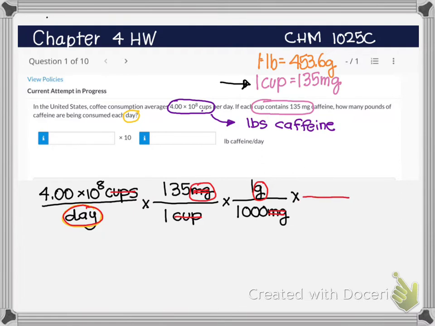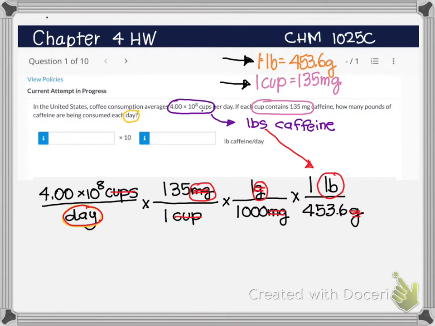I can use the equality that I got from my handout, and I can put 453.6 grams and 1 pound. And so finally, if I look at my units, the grams are going to cancel, and in the numerator I have pounds, which is what we wanted, per day.